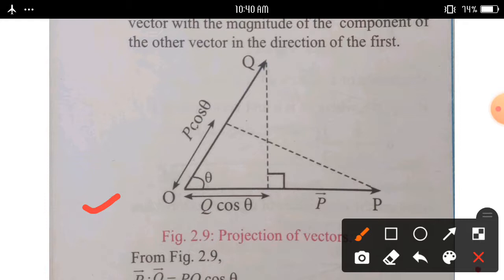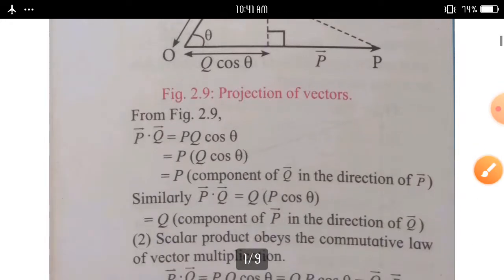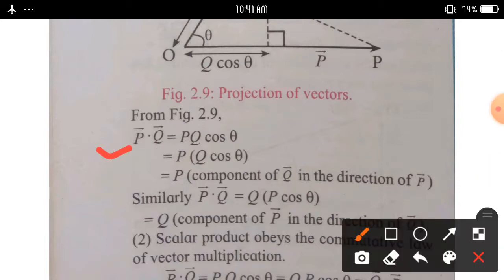According to the definition, we consider pq cos theta, where theta is the angle between them. From this diagram, p bar dot q bar is pq cos theta, and we can write it as p into q cos theta.